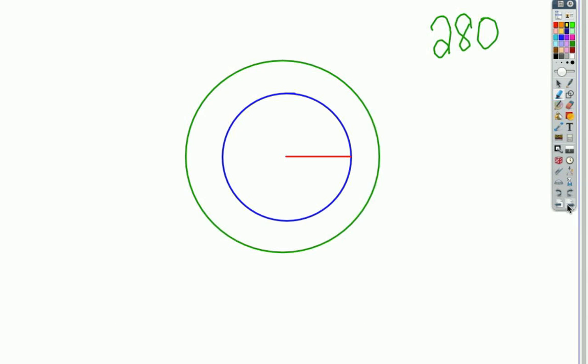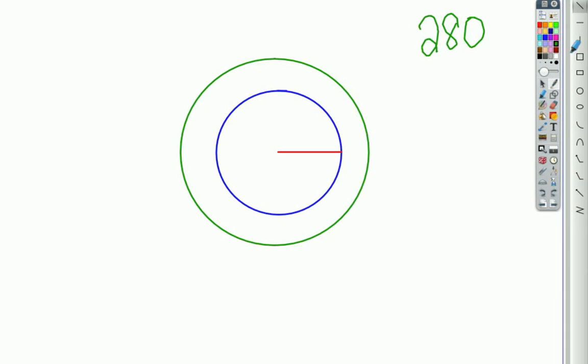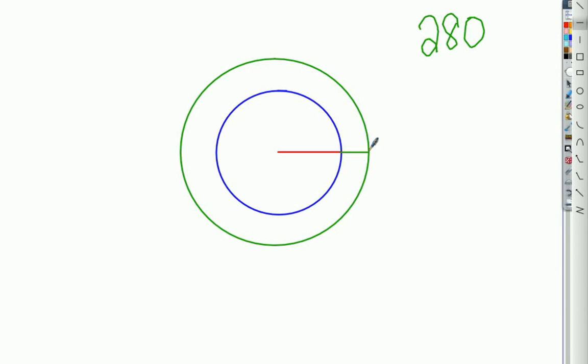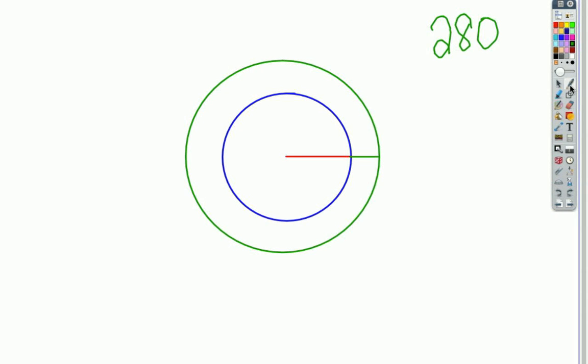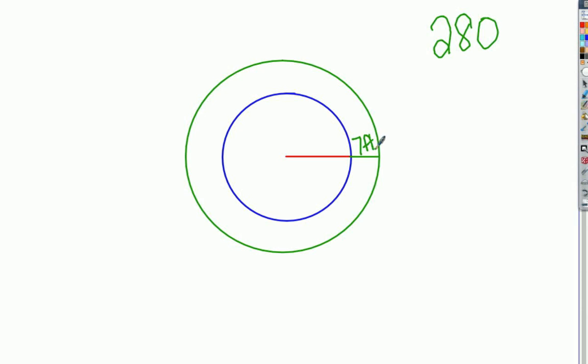So watch what we should have done with our picture. You should have added in this piece right here and labeled it. What should the label be? Dalton? Increase of the radius, which is? Well, now, it's 7 feet. That's 7 feet right there.